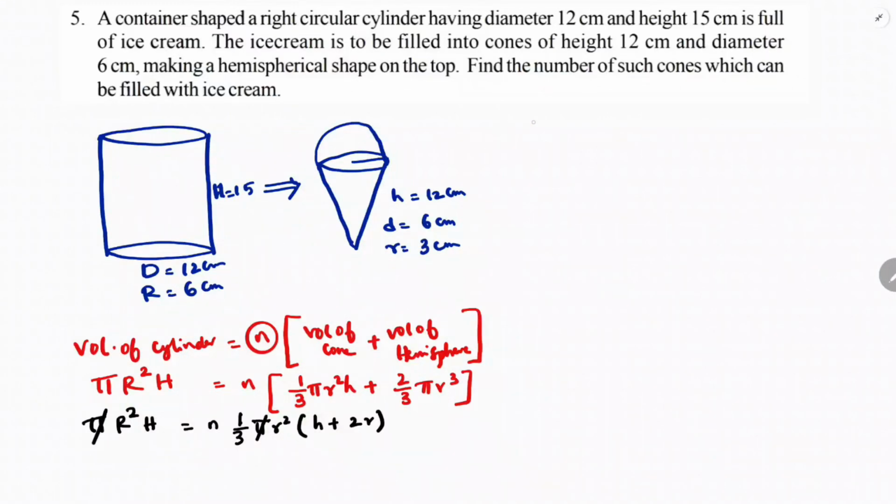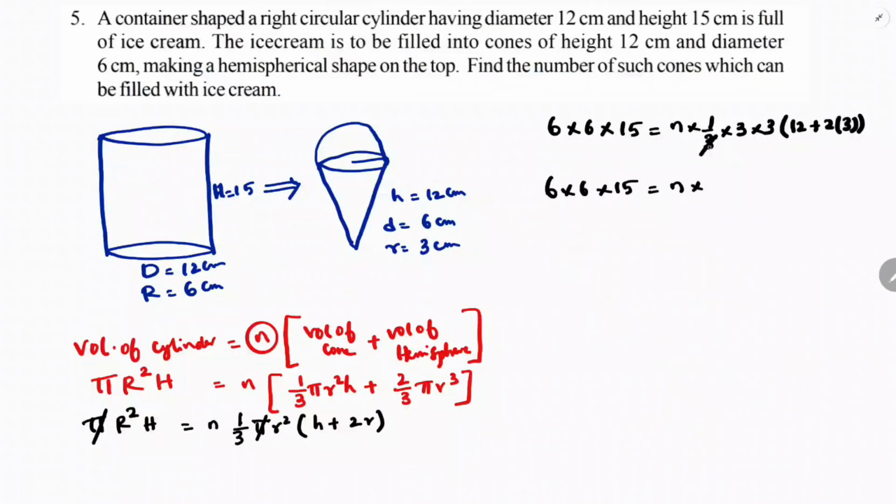So R is here 6 into 6, height is 15. Here n into 1 by 3, radius is 3, so 3 into 3, height of the cone is 12 plus 2 into 3. Now 6 into 6 into 15, n into 1 by 3, 3 and 3 cancel, so 3 into 12 plus 6, so 6 into 6 into 15, n into 3 into 18.